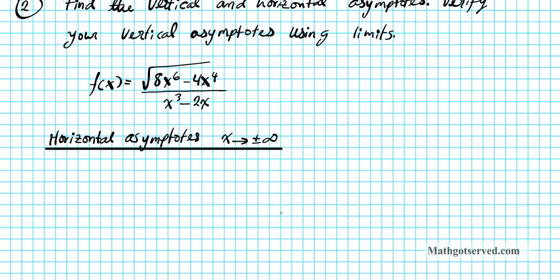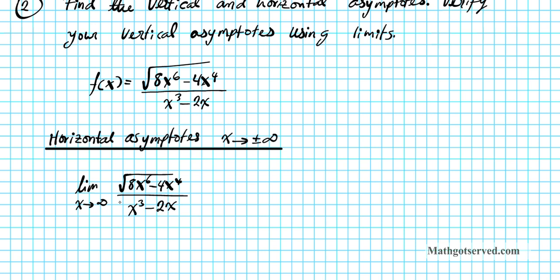So let's start by heading to infinity. We're going to find the limit as x approaches infinity of the square root of 8x to the 6th minus 4x to the 4th over x to the 3rd minus 2x.